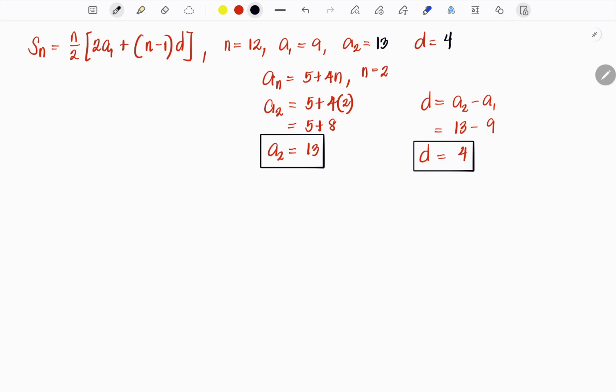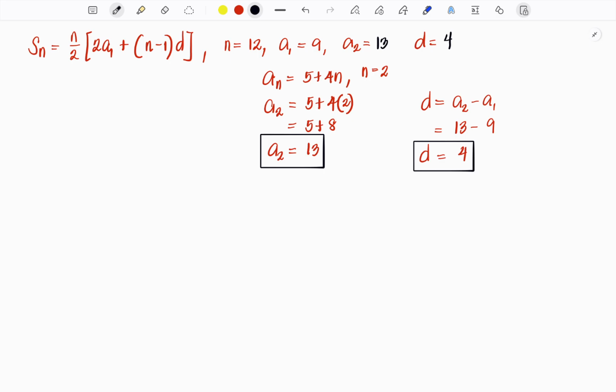Then, we have now the necessary values needed to solve for the sum of the first 12 terms.